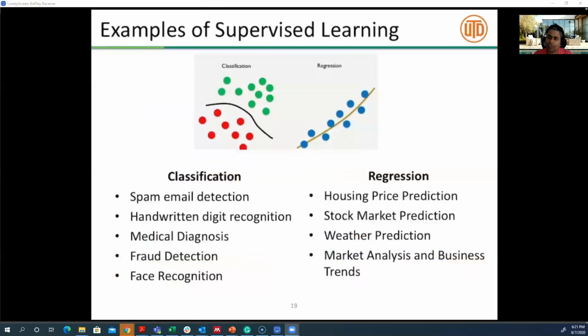Okay, so now having set the premise of supervised learning, classification and regression, I'll take a look at a few concrete examples of these. We have seen this before as well, but I'll spend maybe a minute on each of these applications just so that it's clear. For classification, the standard example is spam email filtering, spam detection, and handwritten digit recognition.